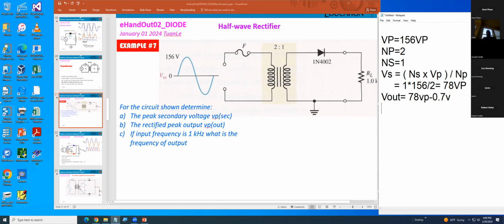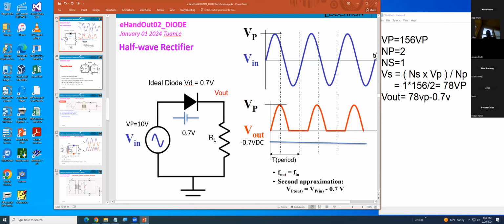They're already telling you right here: V peak out equals V peak in minus 0.7.